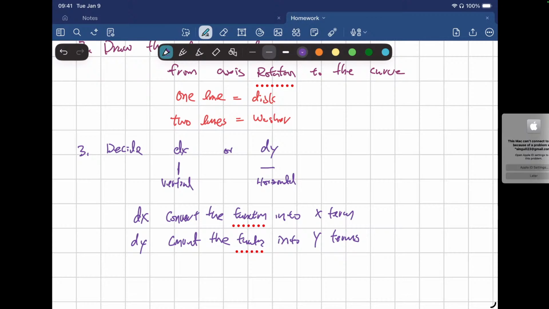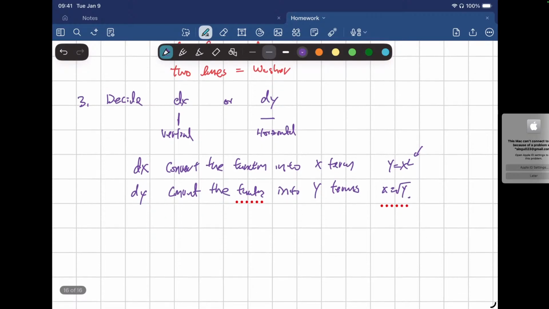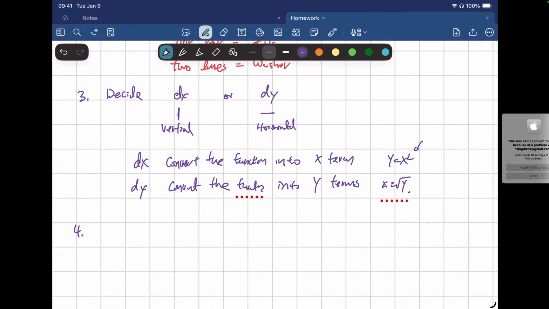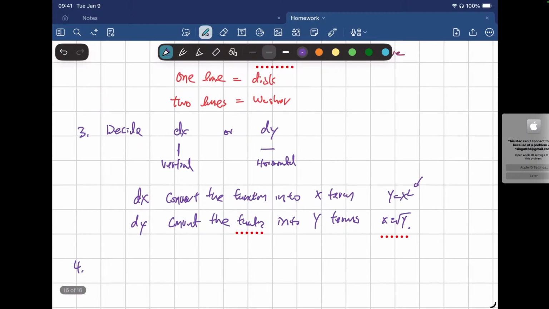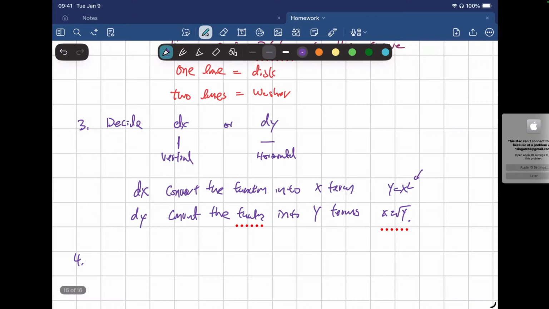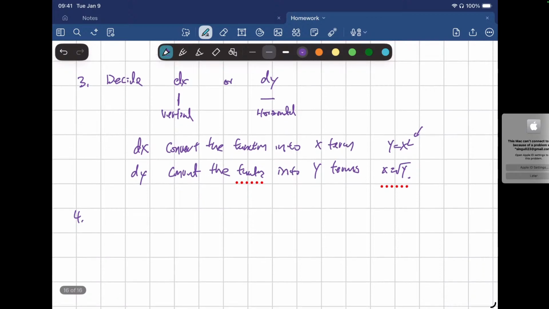Okay, so let's say for example, y equal to x squared is the x term, and this one will be x equal to y squared, so x equal to square root of y, in terms of y, or this in terms of x. So that is going to be the distance. Fourth: convert to y term or x term.